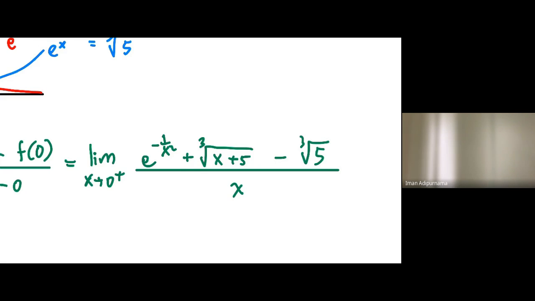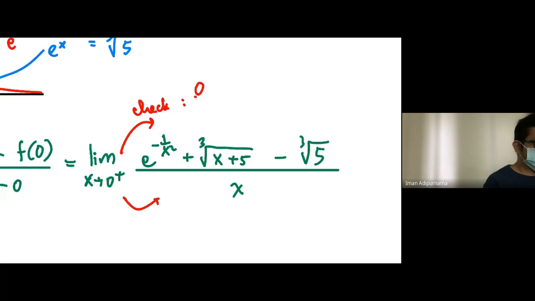Then we can use L'Hopital's rule. It's not only chapter 2, it's also combined with chapter 4. First we check 0 over 0. And in your exam paper, if you want to use L'Hopital's rule, make sure you write that this is 0 over 0, to prove that we can use L'Hopital's rule.